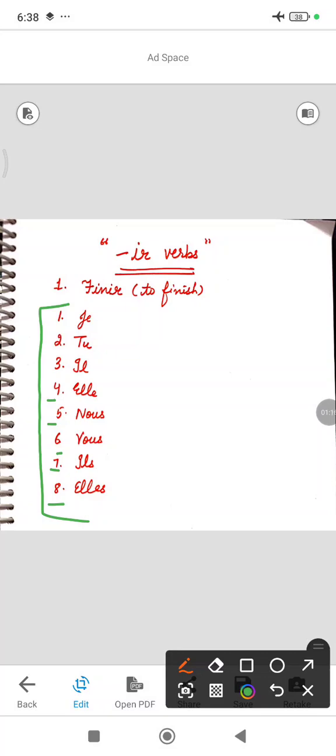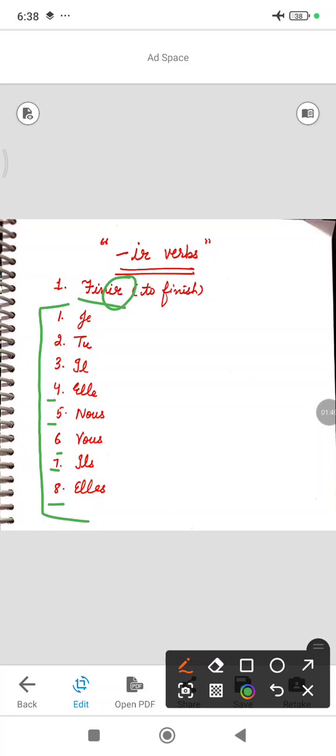Okay, so how will we do its conjugation? Earlier we learned how we do the ER conjugation. First we have to cut the ER, then the different rule applies. So similarly in IR verbs, the first thing we have to do is cut the IR from the given verb. So if I cut IR from this one, what is left? Fini.